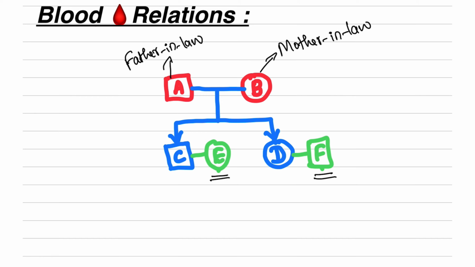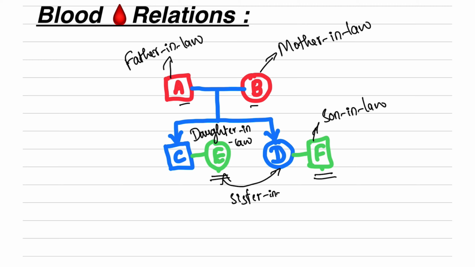In the same way, for both A and B, E will be daughter-in-law and F is son-in-law. Okay, now we will see the relation between E and D. For E, D is sister-in-law and for D, E is also sister-in-law.